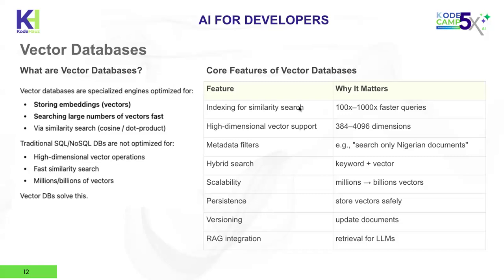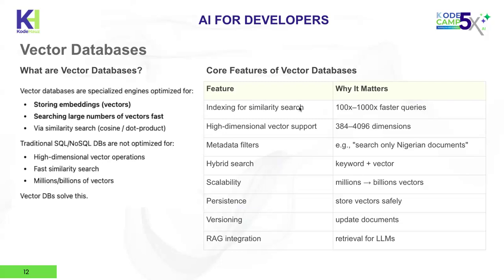Then you can also have hybrid search. So you can search both keywords and vector. So remember, a vector database allows you to store vectors as indexes or as keys. And then in the same row as a vector, you can store additional information. That's really how it works, right? You store a vector, that vector is used as an embedding, and then you store the actual plain text data that the embedding vector represents.